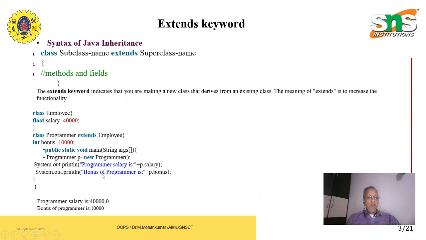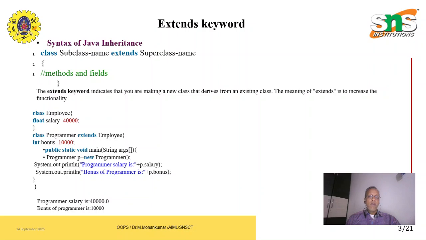Then System.out.println, bonus of programmer is p.bonus. The output is: programmer salary is 40,000 and bonus of programmer is 10,000. So the extends keyword indicates that you are making a new class that derives from the existing class. The meaning of extends is to increase the functionality. I hope you understand this concept.